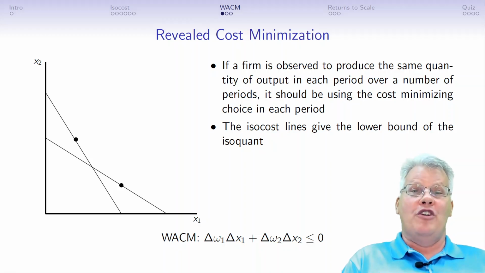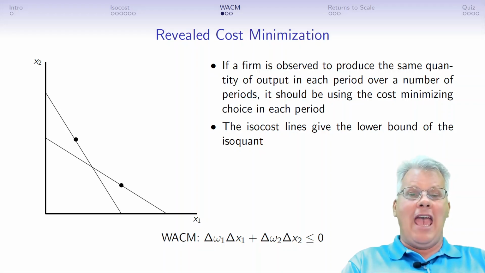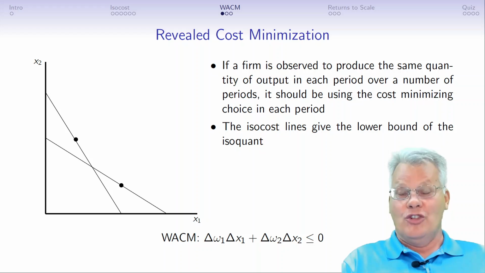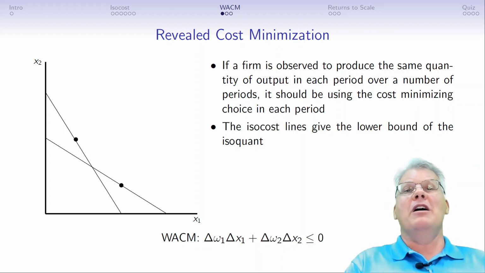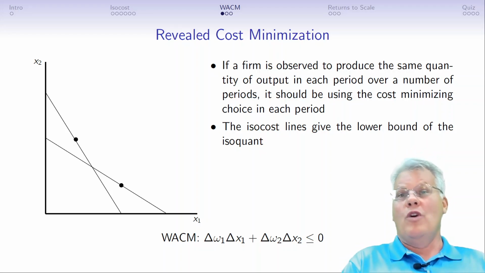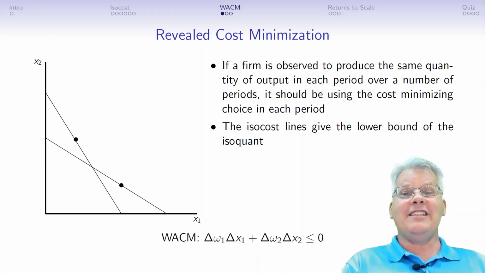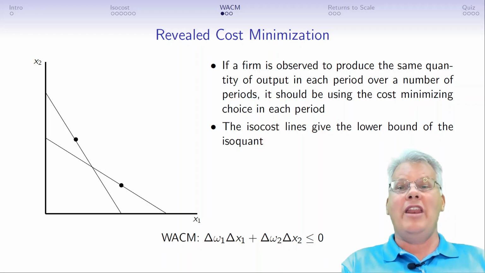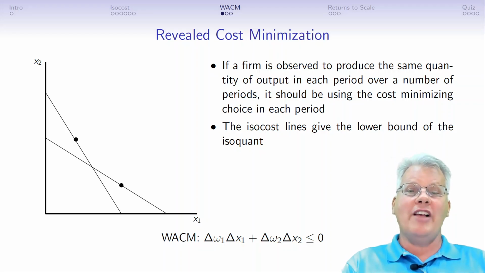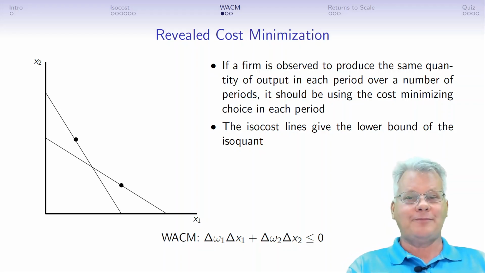Buffett doesn't know what the firm's actual production function is, but from looking at these financials, these disclosures, he can come up with a reasonably good idea of whether the firm is being run in a profit maximizing or cost minimizing fashion. So in this case, we don't know what the production function is, we don't know what the isoquant is, but the isocost lines will enable us to come up with a lower bound for the isoquant.